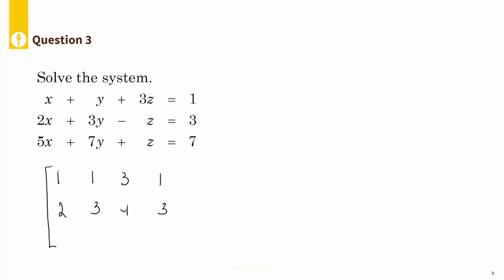And third row. 5, 7, 1, 7. So let's start reducing. We agree with those two operations?